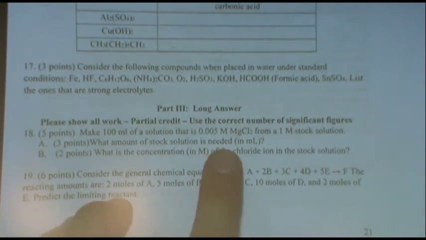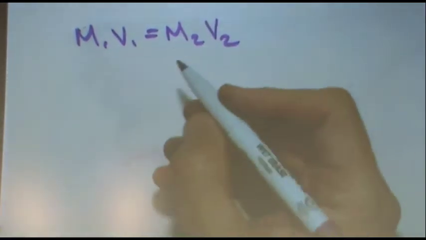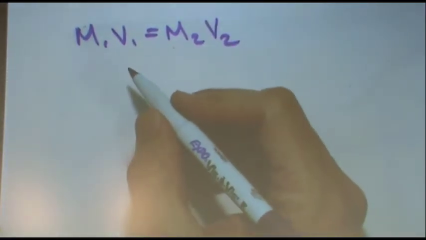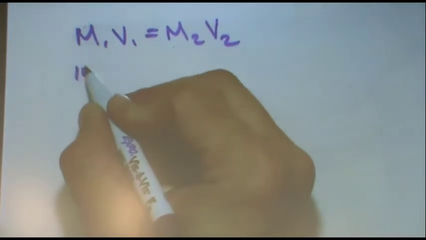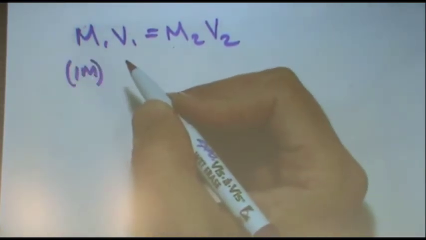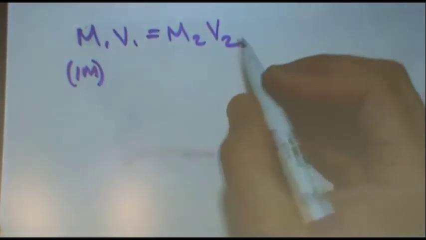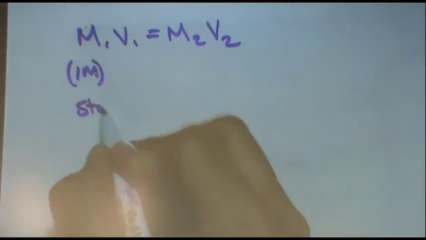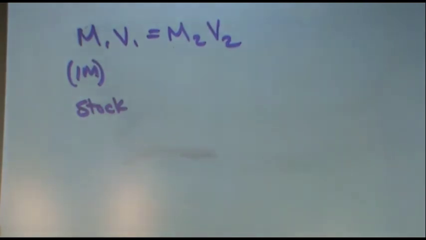What amount of stock solution is needed? So this is a dilution type problem. Again, this is Winter 15, page 21, number 18. From a 1 molar solution, this is the stock, meaning the initial.